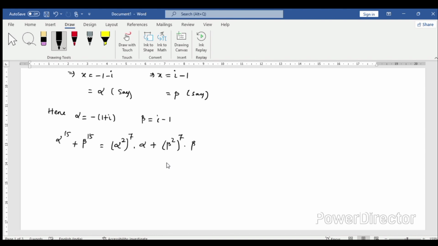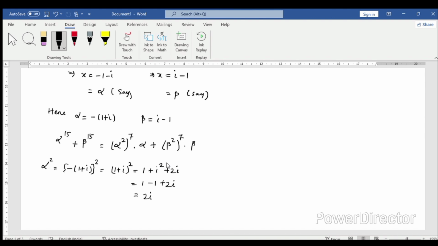Why? Because if I multiply 2 into 7, that is 14, and its power is 1, so it becomes 15, and similarly for beta. Here you have to find alpha square. For alpha square I will write minus of 1 plus iota whole power 2. This is 1 plus iota square plus 2 iota, and this becomes 1 minus 1 plus 2 iota, which is 2 iota.